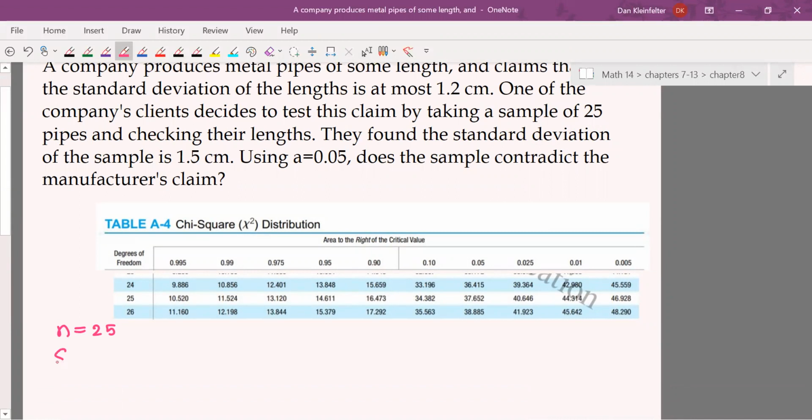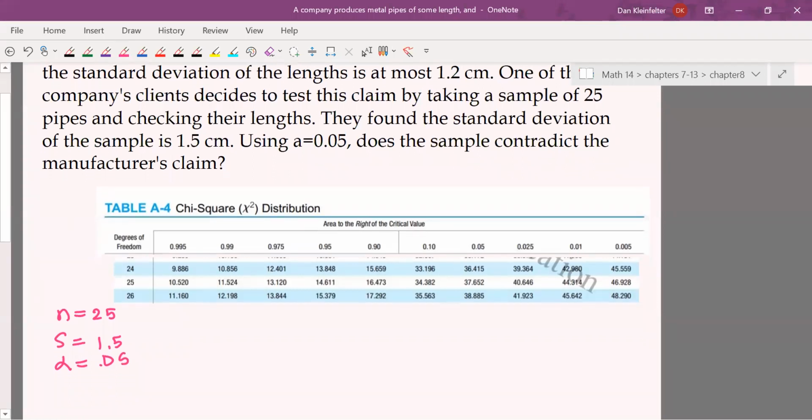They found that the standard deviation of the sample is 1.5 centimeters. We're going to use an alpha of 0.05 to test that claim.